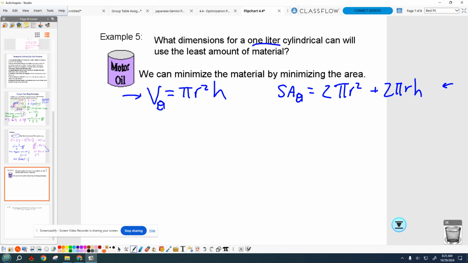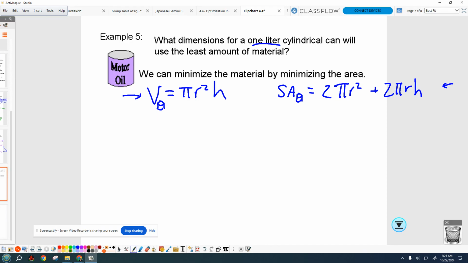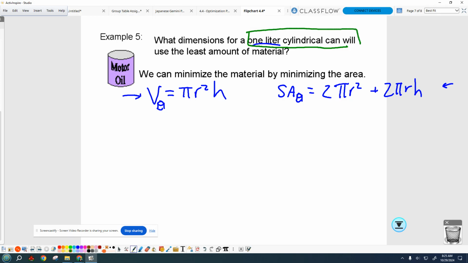I either need to get rid of R or I need to get rid of H. Do I know what my volume is? Pi r squared h? Oh, 1 liter. Volume is 1 liter.